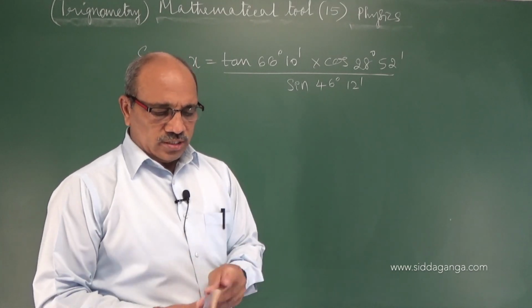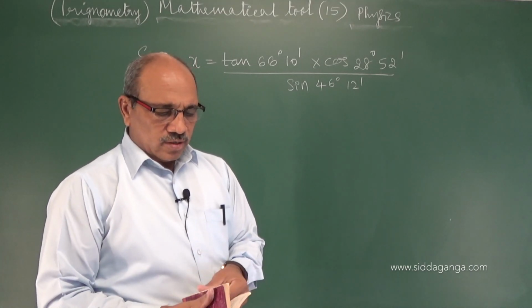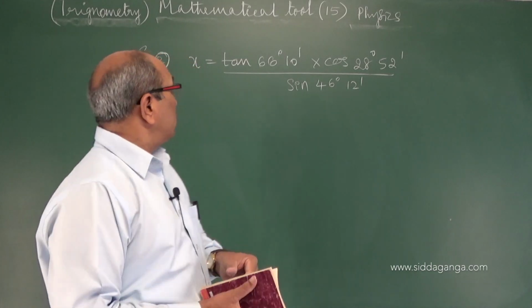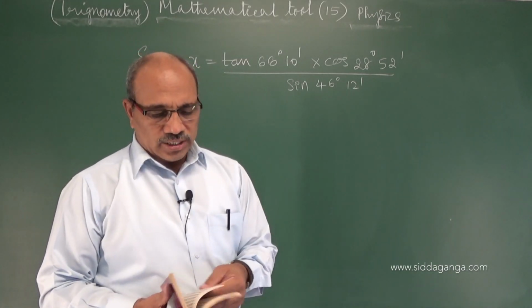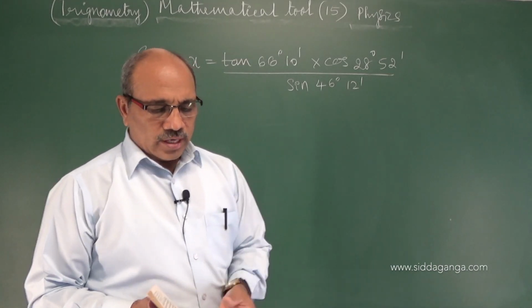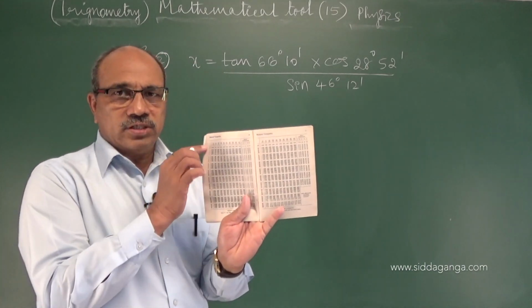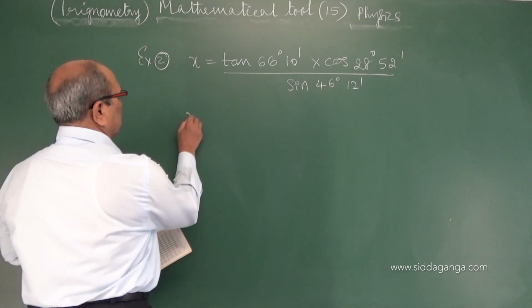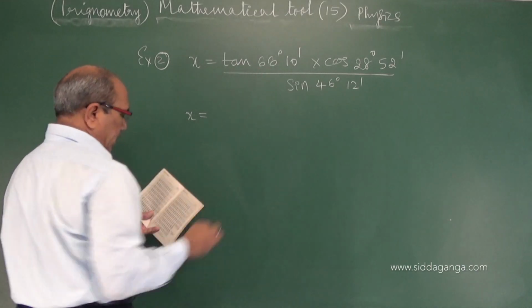Again you have to see the sin, tan tables. First let us go to the natural tan table. See this carefully. x is equal to tan 66.